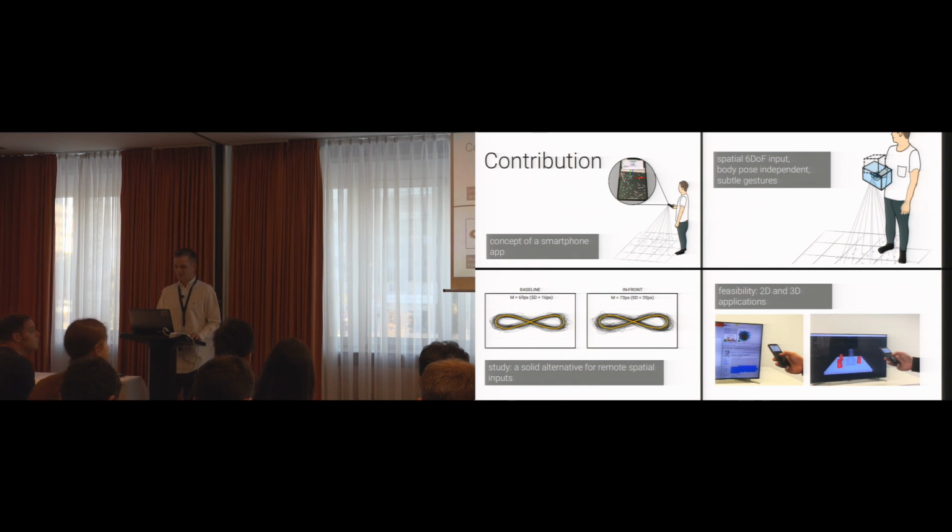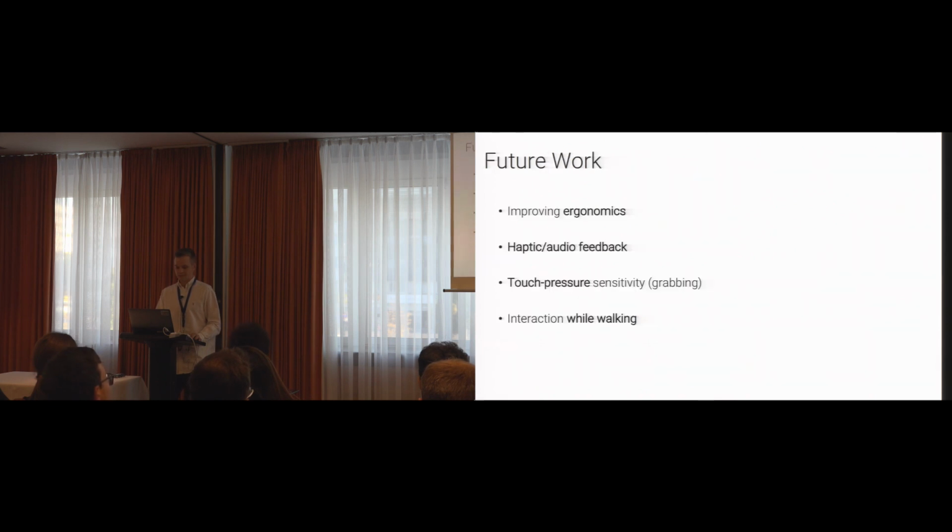We showed that with Pocket6, users can do subtle hand gestures to achieve high-performing 2D and 3D interactions without any external hardware. We conducted a study where we validate its usability in 2D and 3D tasks, comparing between different body postures and a baseline. And finally, we showed some applications.